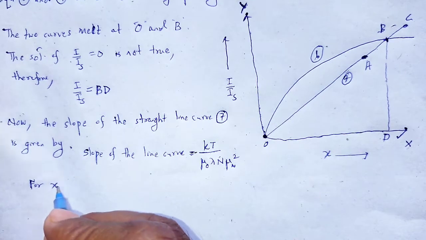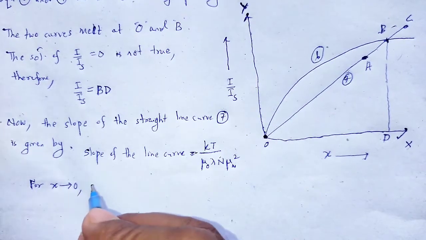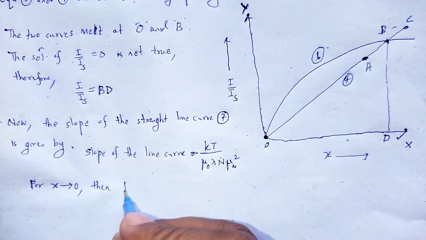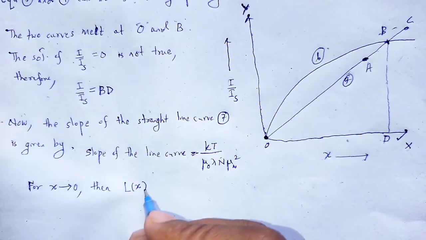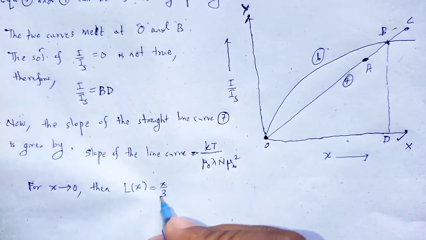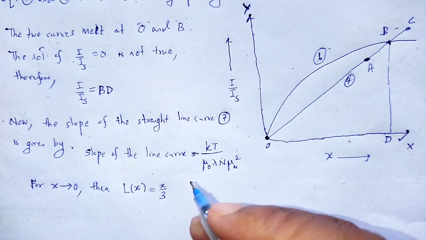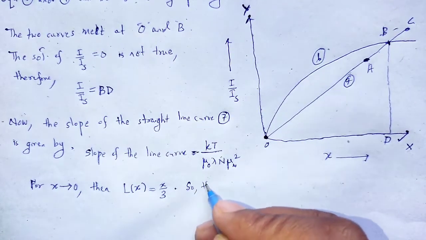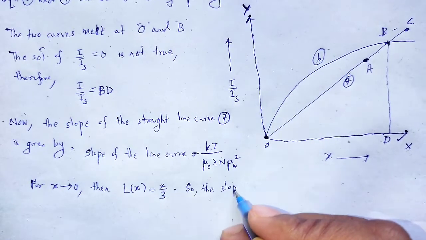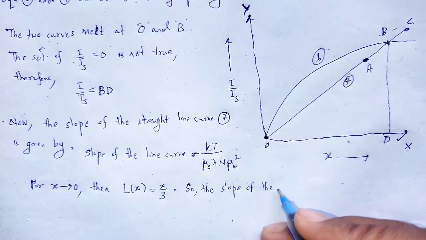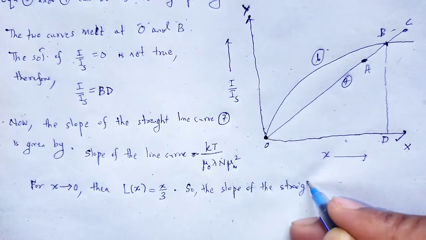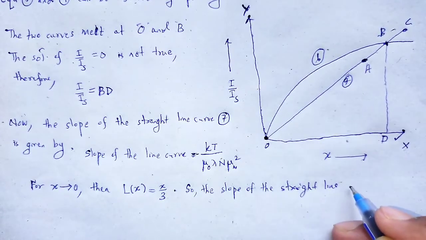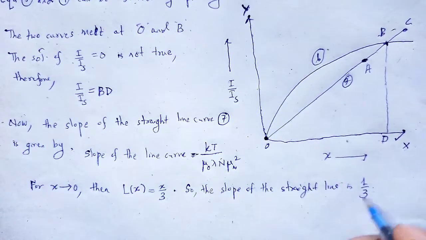For x tends to 0, the Langevin function L of x is equal to x by 3. So, the slope of the straight line is equal to 1 by 3.